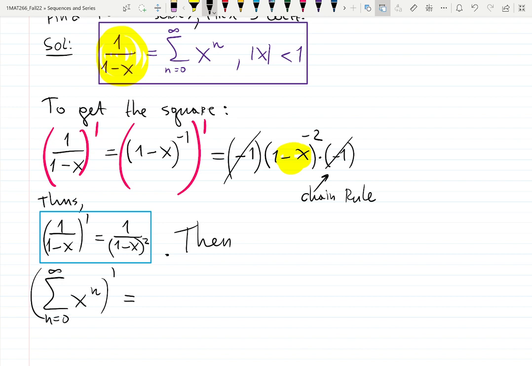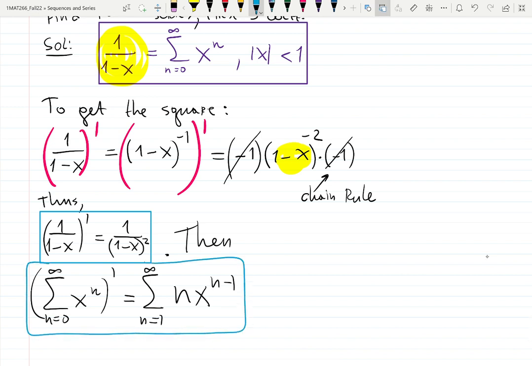That will be sum, n goes down, x to the n minus 1, and the shift happens. So now we're starting with n from 1 to infinity. So the left-hand side was differentiated, and the right-hand side was differentiated. Then left-hand side equals left-hand side, right-hand side equals right-hand side. That makes sense. Did you see what I'm doing here?